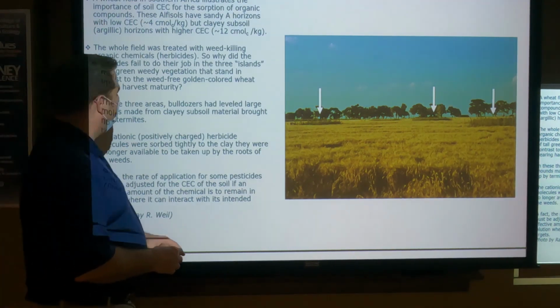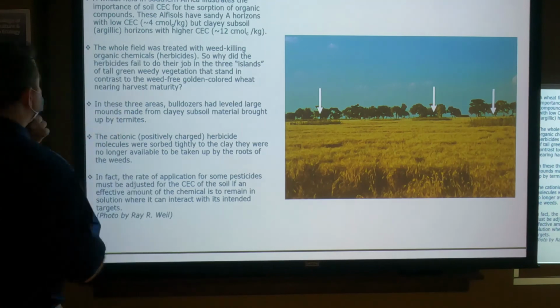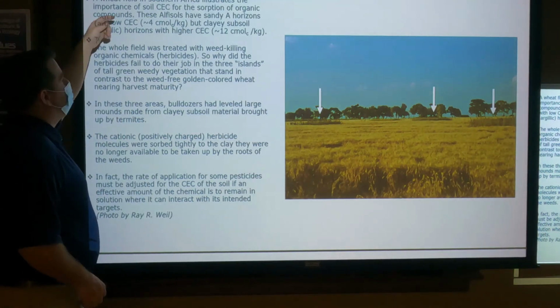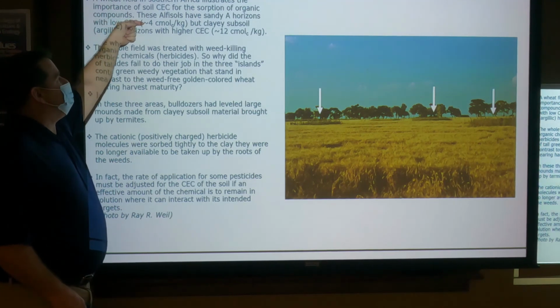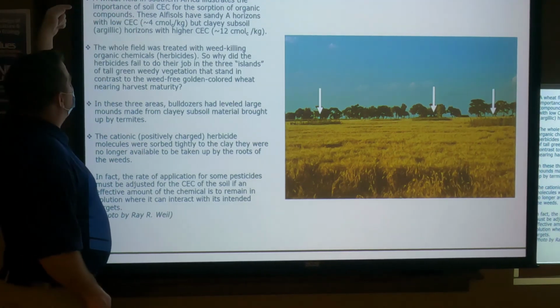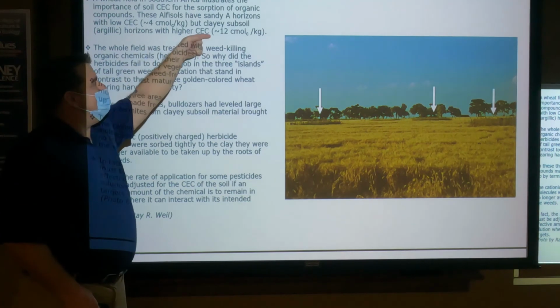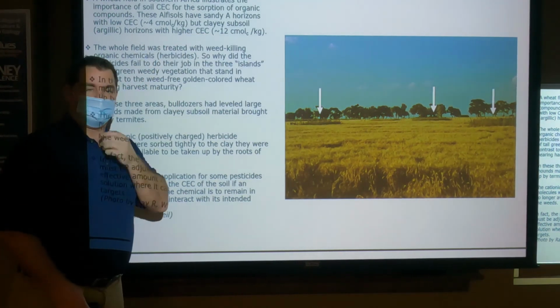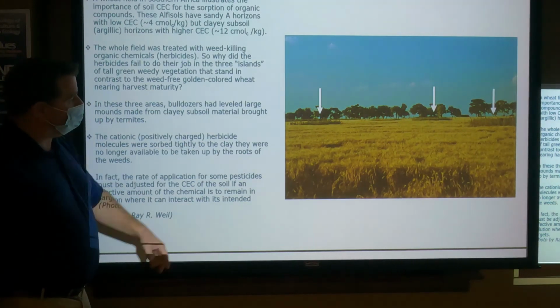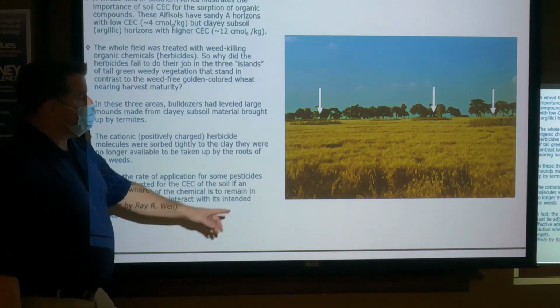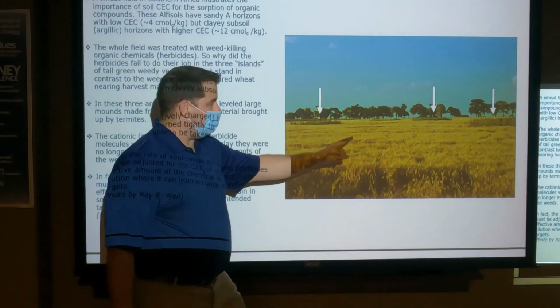All right, this is a picture of a wheat field in Africa. We notice right here that the sandy A horizon has a low CEC of about 4 centimoles, but underneath it, the clay has a CEC of about 12 centimoles. So they applied this herbicide to this field and it didn't quite work right here.